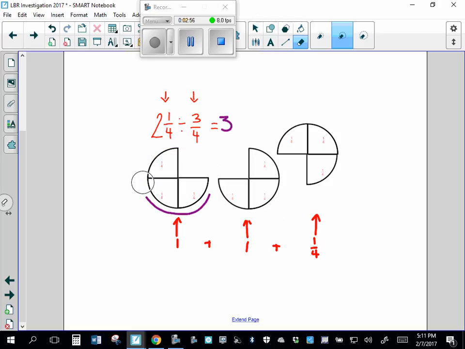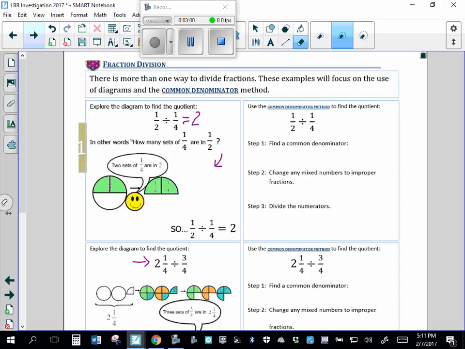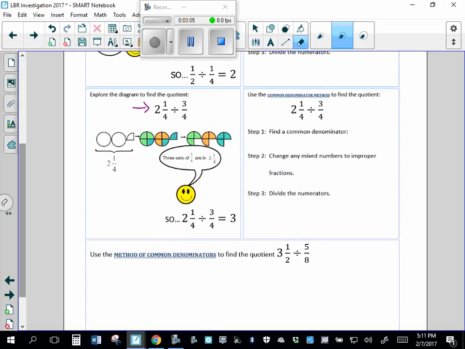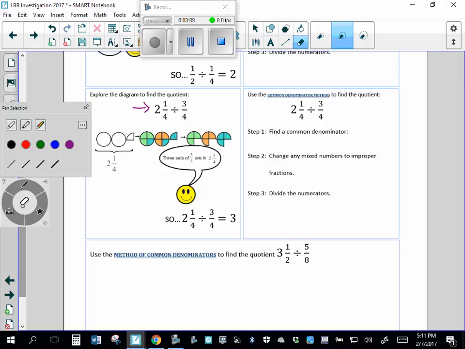And I know you don't have a smartboard at home, which is why when we look at our note catcher, we used color to denote the answer. So with color, we first built 2 1/4 right here, and then we shaded in 3/4 and found out there's 3 sets of 3/4.